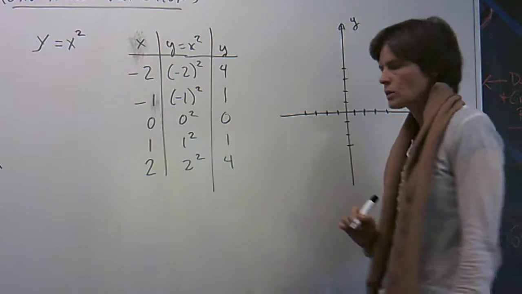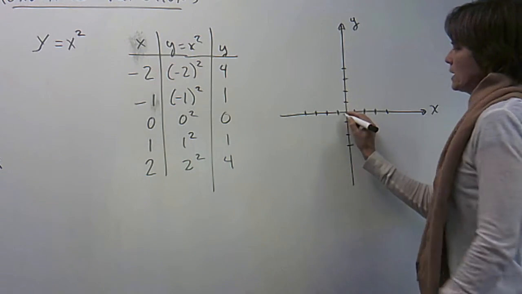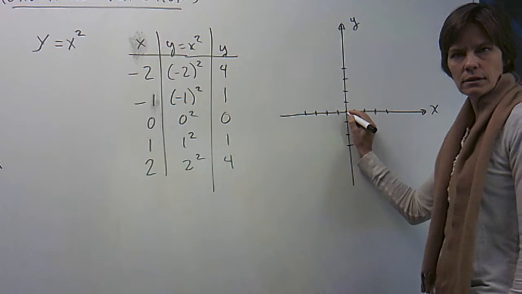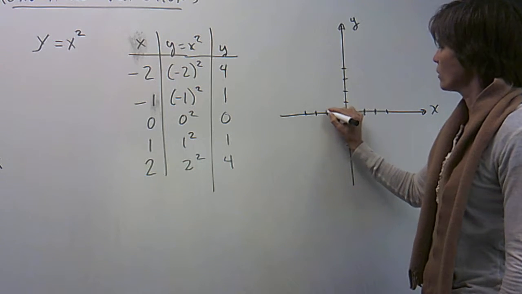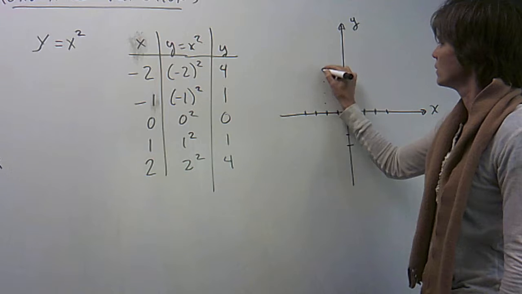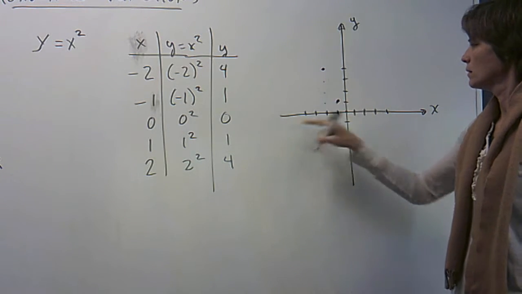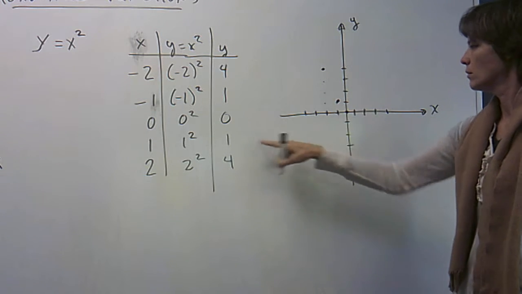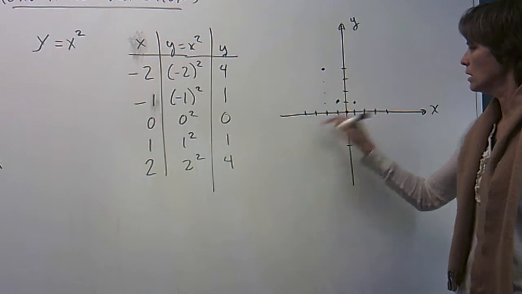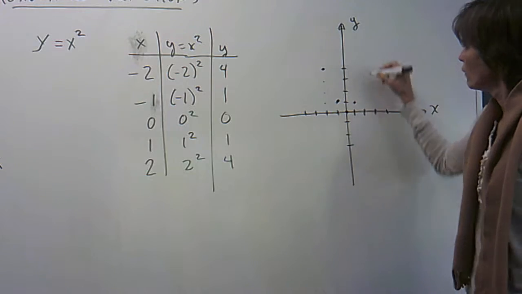Okay. Let's plot these. Negative 2, so we start always here. Negative 2, 4. 1, 2, 3, 4. Negative 1, 1. 0, 0, 1, 1, 2, 4.